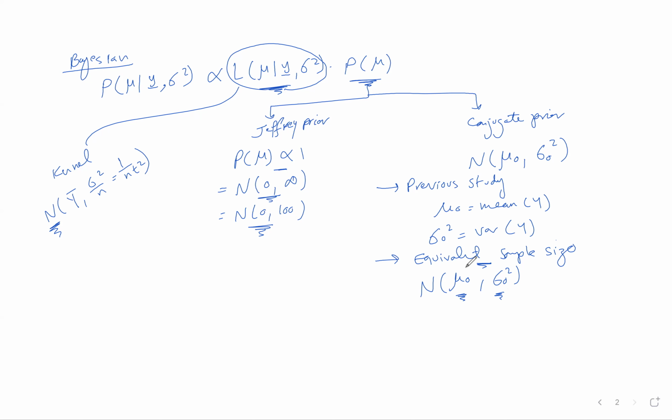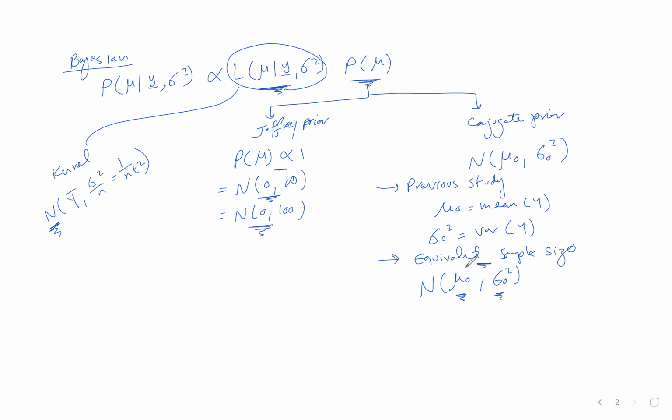The idea is that my confidence in the mu 0 that I selected is equivalent to the confidence in a sample of size n0.